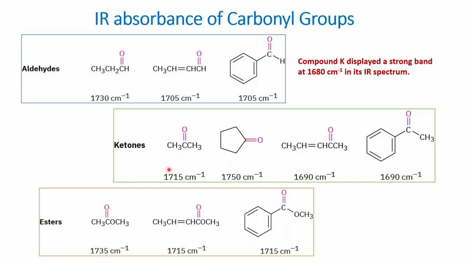But in case of ketones, it starts from 1715 and goes as low as 1690 or 1680. So in this particular case, we see that the value is 1680, and probably the given compound has an alpha beta unsaturated ketone structure or an aromatic ketone structure. So we will go to the next slide to find out how this can be matched up with the given structures.